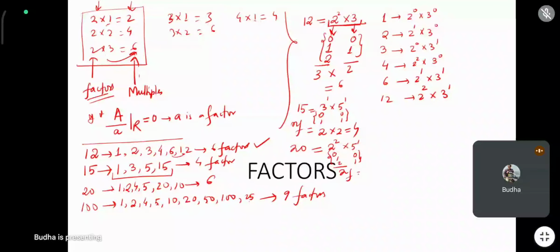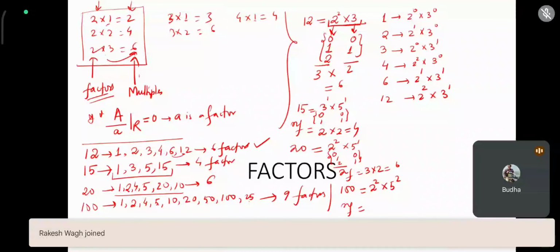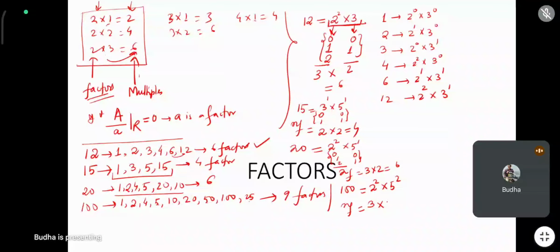So the number of factors would be 3 into 2 which is 6. You count 20 के 6 factors हैं. Now let's move to 100. So 100 is nothing but 2 square into 5 square. So the number of factors would be 0 से लेकर 2 होगा 3. 0 से लेकर 2 that is 3. Answer is 9.